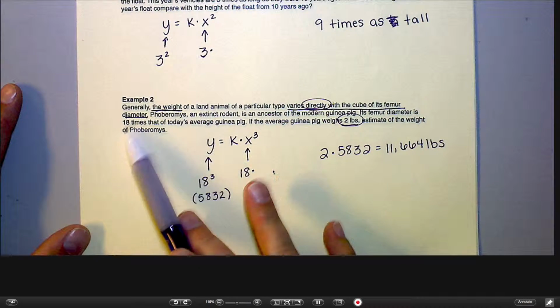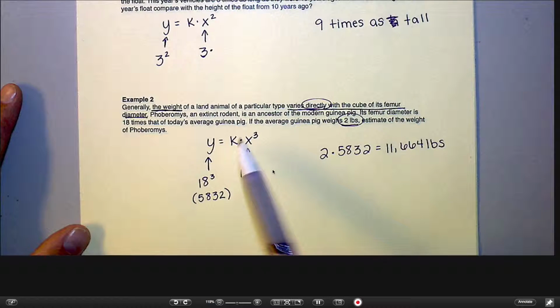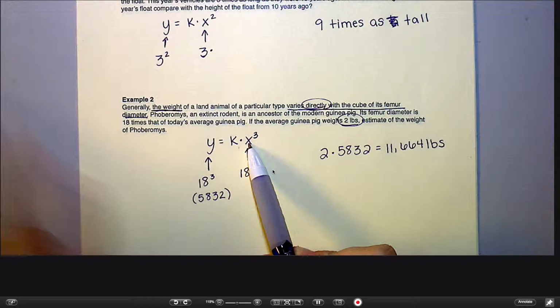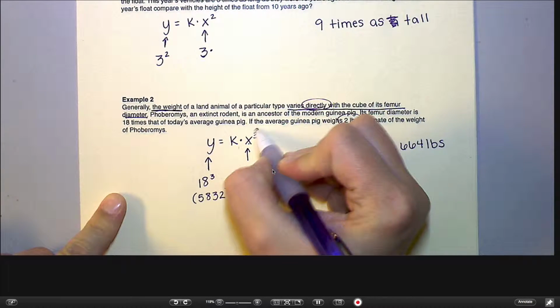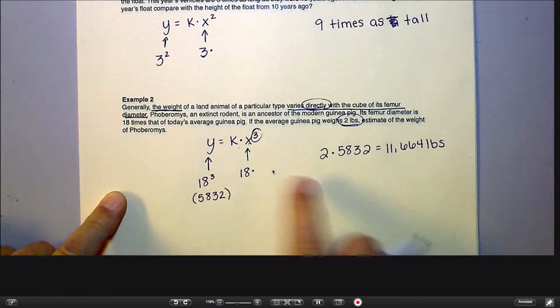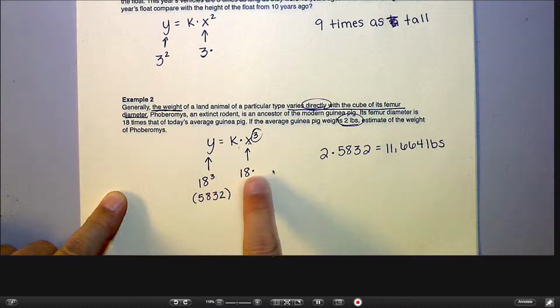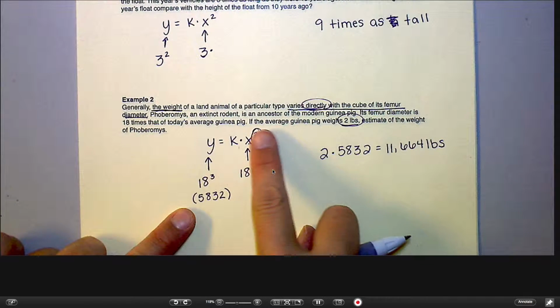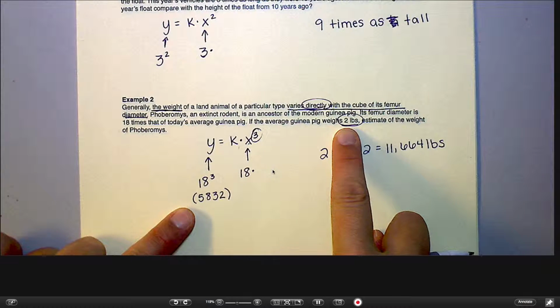I took this sentence, translated it into a general equation, and then remember, whatever you do to the x value, that same thing happens to the y value, but you have to include that exponent. So I included the exponent and said, okay, if this is multiplied by 18, this gets multiplied by 18 cubed, which apparently is this giant number. And then it actually tells me, right now a guinea pig weighs 2 pounds.